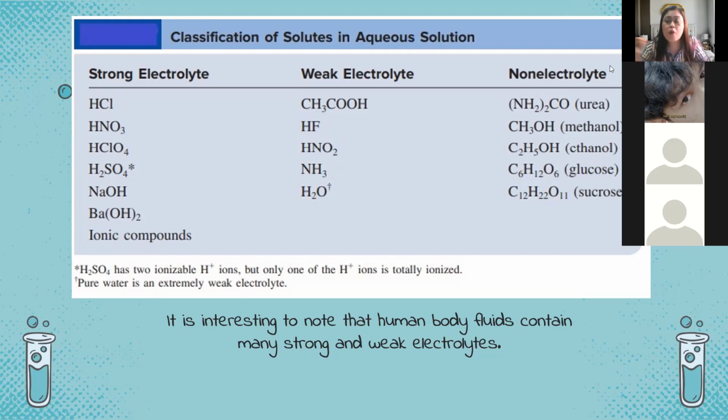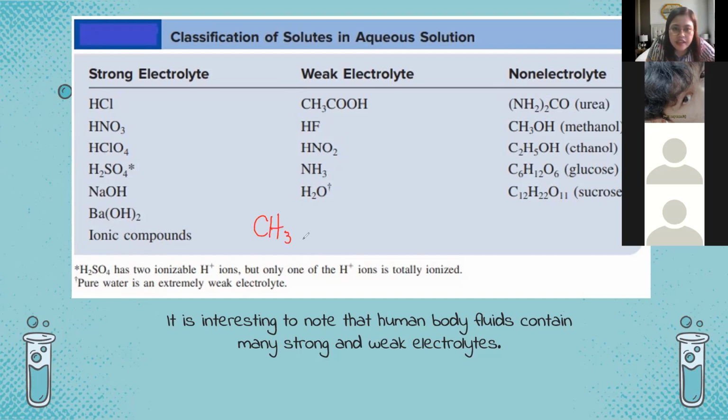Pero hindi kasi complete yung ionization nila. So merong maiiwan na particle na though meron siyang charge, pero hindi siya lahat. So para ma-picture out ninyo kung anong mangyayari when it comes to the weak electrolytes, let's have the example there.